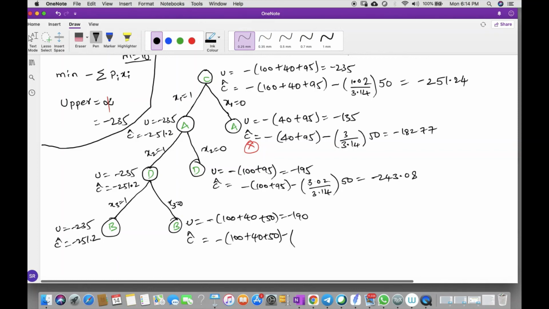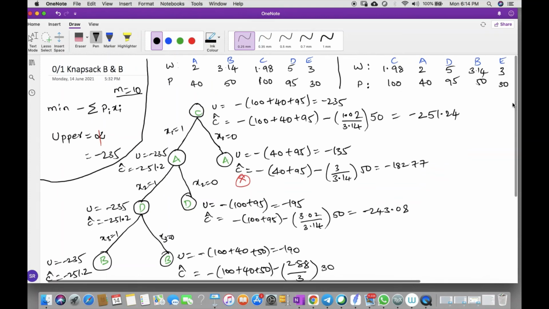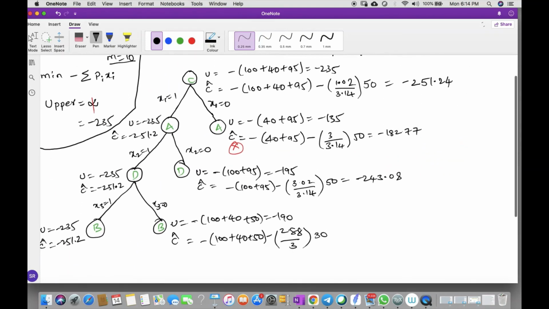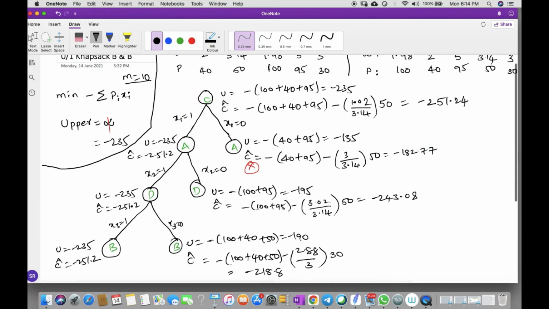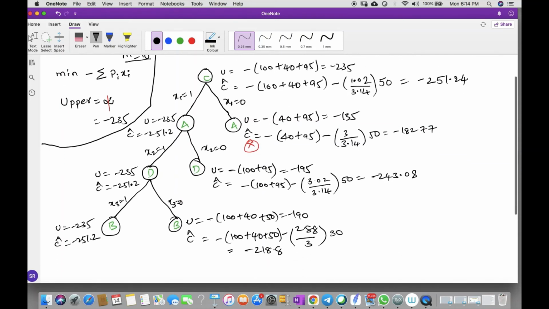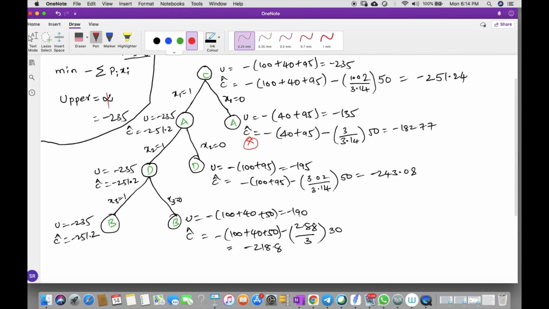So the fractional part is 2.88 divided by 3 into 30. This 30 is coming from the last E element. So this sums up to minus 218.8. Once again, our C cap is greater than the upper value, so we cannot pursue this. So let us kill this node.